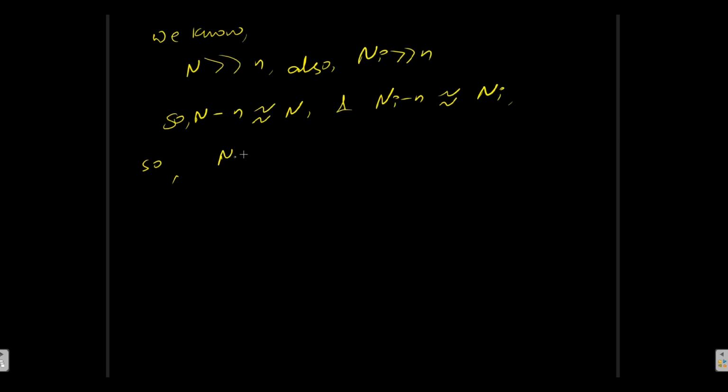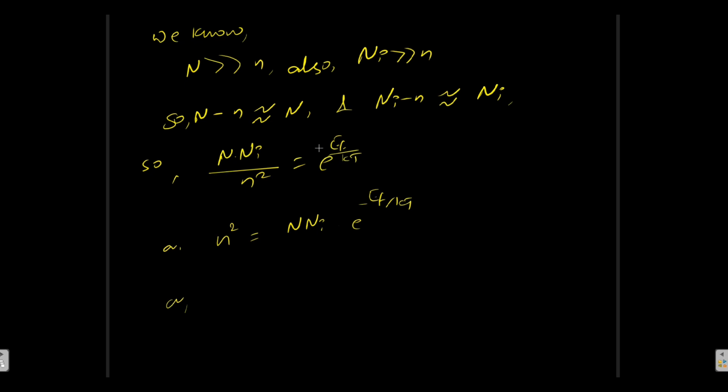So we'll get N into Ni by n square is equal to exponential of Ef by kT. We get this much, right? Now if we find the value of n square, we will get N into Ni into e to the power minus Ef by kT, as this n square is in the denominator.